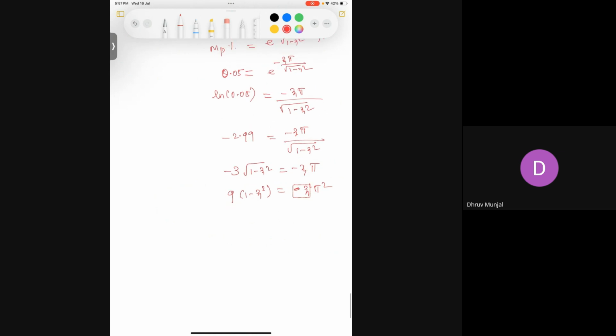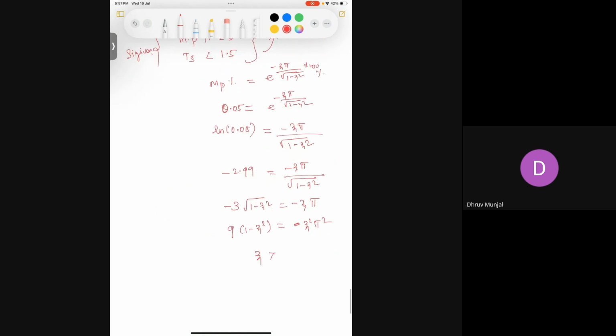By finding all these things, you will get zeta. It should be greater than, sorry, I was giving the wrong thing. Should it be less than? The symbol is correct, I think. Zeta should be greater than 0.69, right? So if you solve this, you will get this zeta value. Zeta should be greater than 0.69.